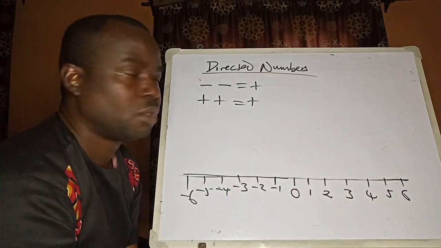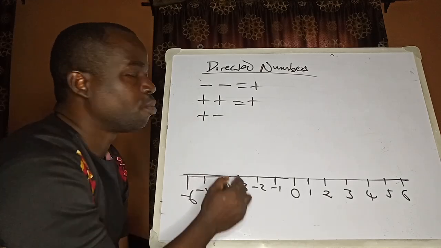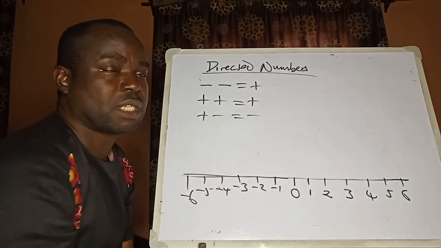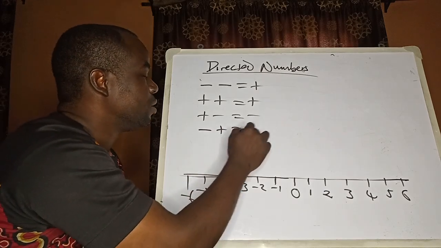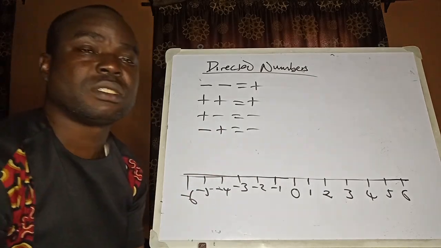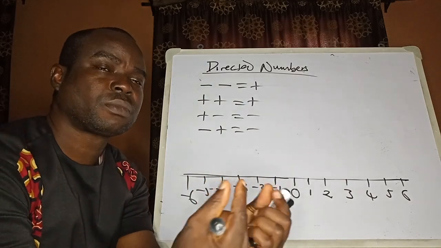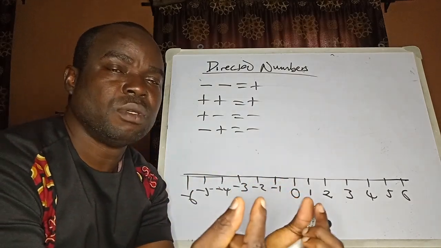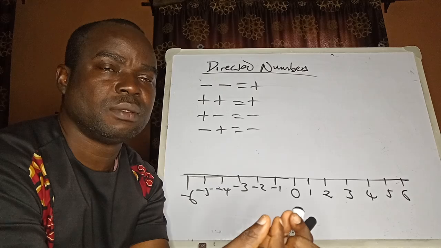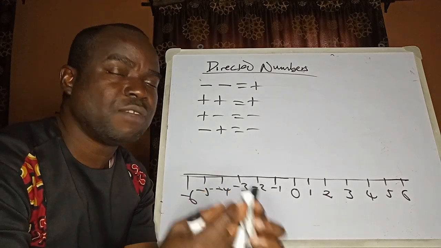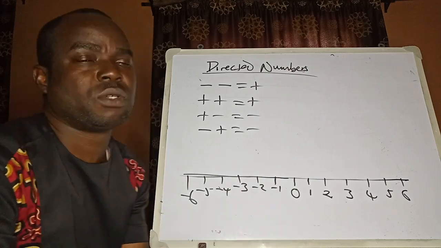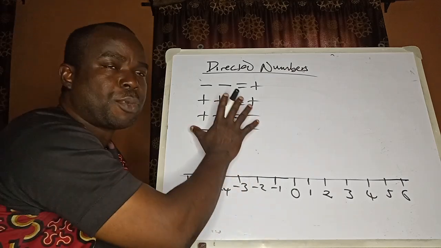Are you following? If plus and minus meet, they form a minus sign. Then if minus and plus meet, they form a minus sign. In other words, when two same signs meet each other, they form a plus sign. Then when two different signs meet each other, they form a minus sign. So copy this one and keep it.